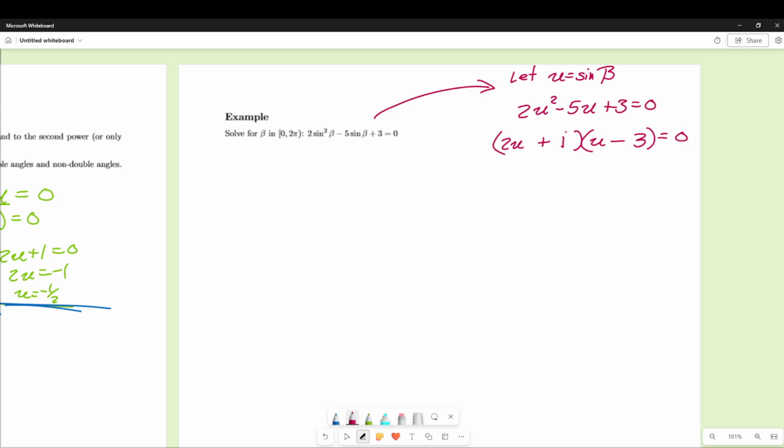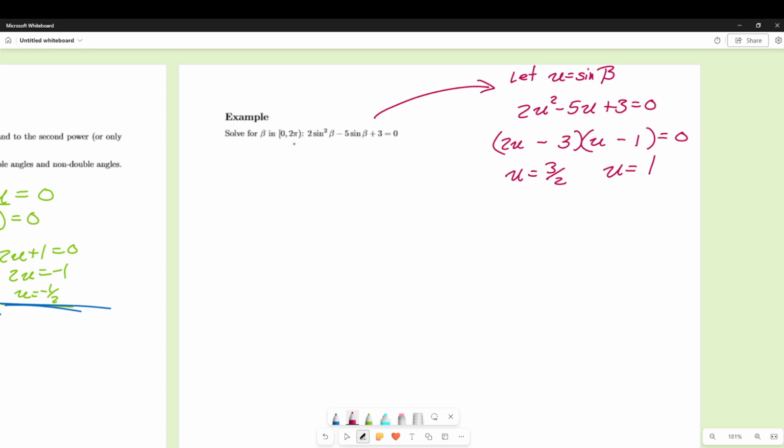Oh, that's not going to work. No, it isn't going to work. So maybe that's a 3 and that's a 1, and then a -2 and a -3 to make the -5. Okay, that'll work. So we get u equals 3/2 and u equals 1.